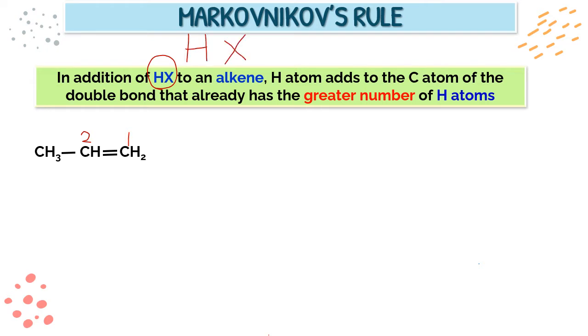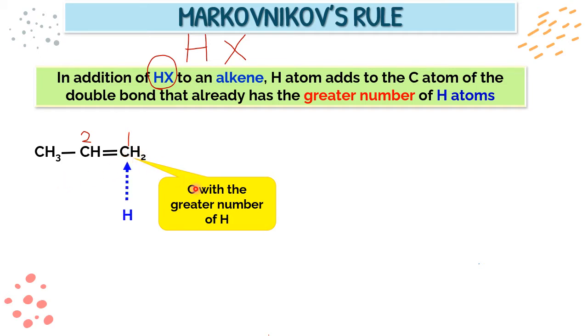Based on the statement for Markovnikov rule, we need to add hydrogen first. The hydrogen will be added to the carbon atom which has more hydrogen. Between carbon 1 and carbon 2, the one with more hydrogen atoms is carbon 1. That's why the hydrogen atom will be added to carbon 1.